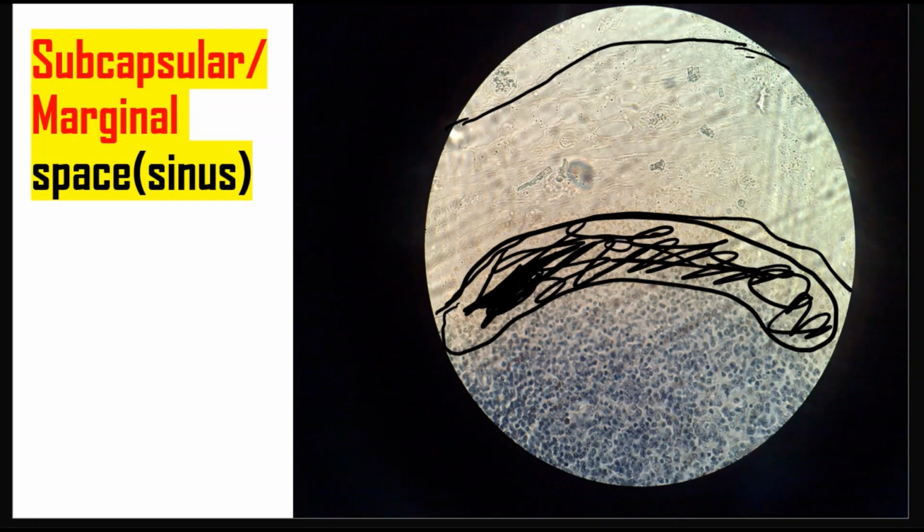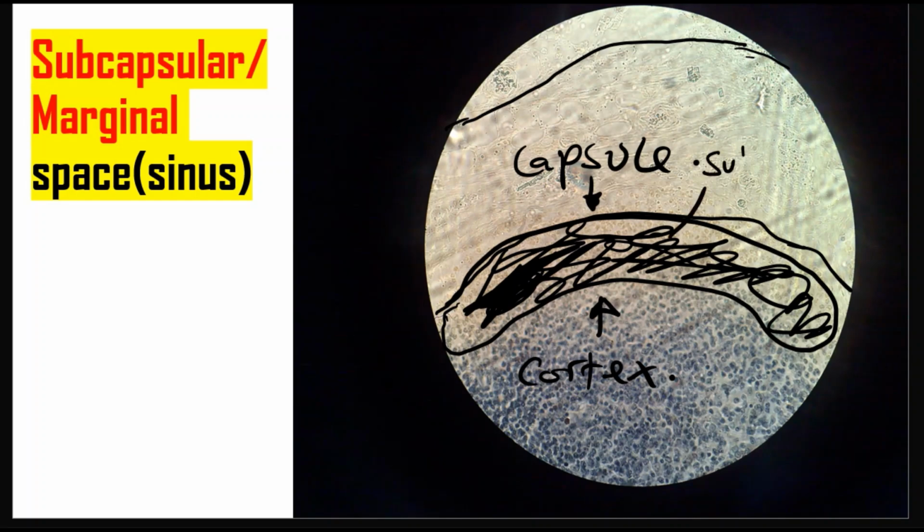It is just between the capsule and the cortex. So the space between the cortex and the capsule is what we call the subcapsular sinus.